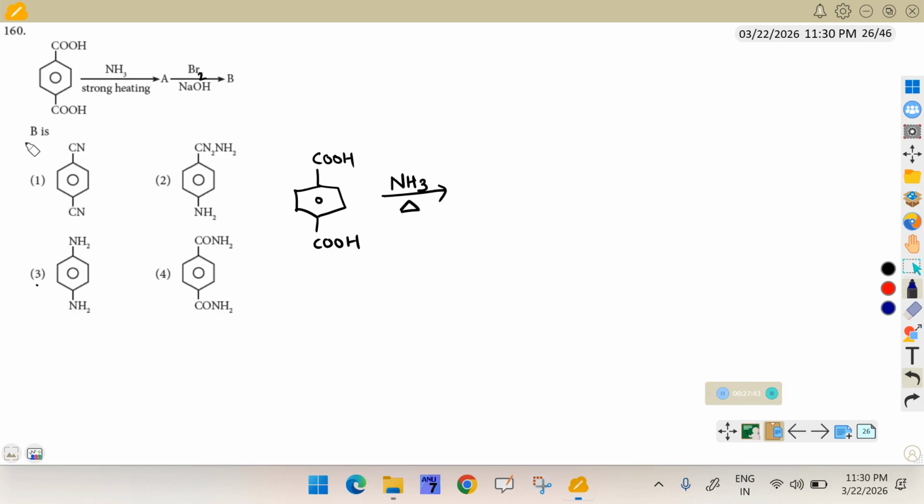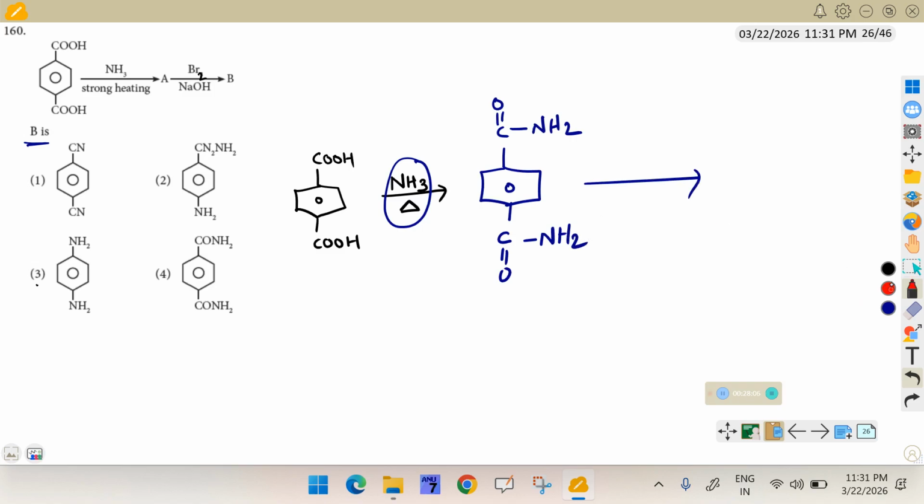Identify the compound B. COOH, carboxylic acids react with ammonia, and on further heating give amides. How? Already explained in the Grand Test 3 paper. CONH2, amides. Now amides react with Br2 plus NaOH, then give amines.